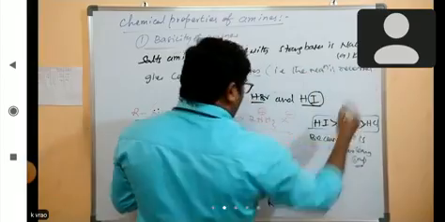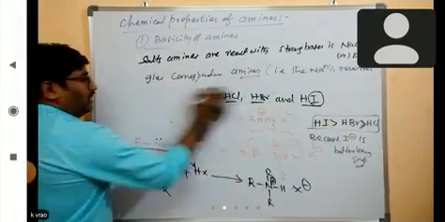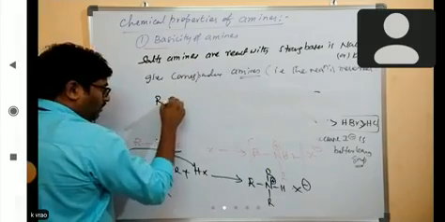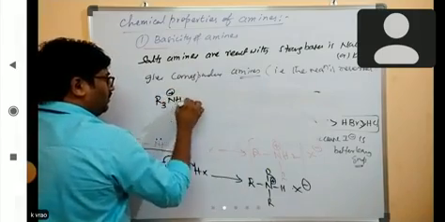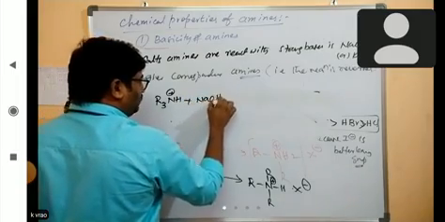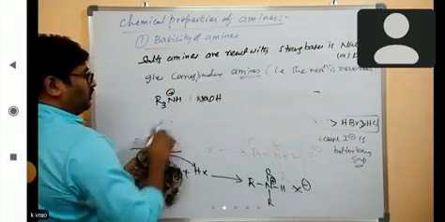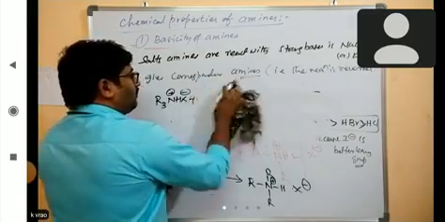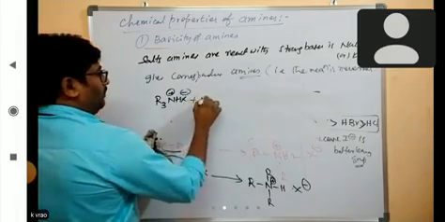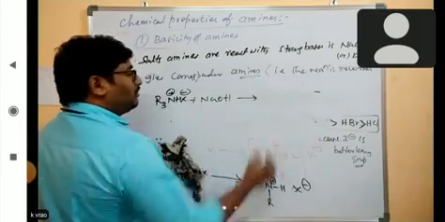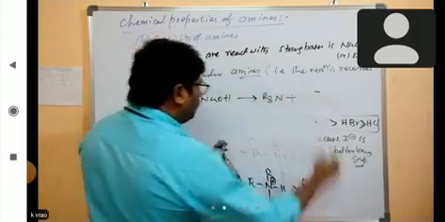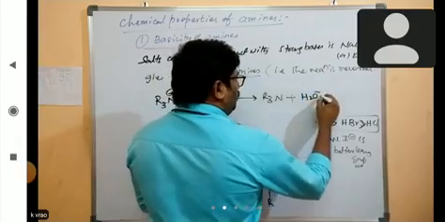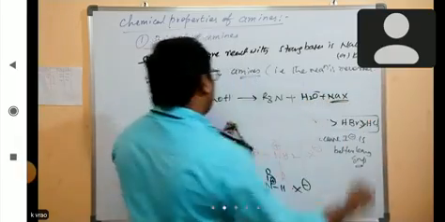Reversed. If I take the tertiary amine salt, that is R3NH+ X-, plus NaOH, it gives R3N plus H2O plus NaX, sodium halide.